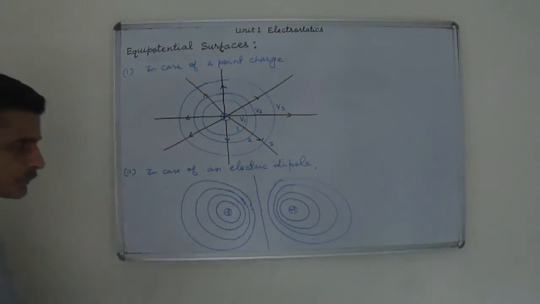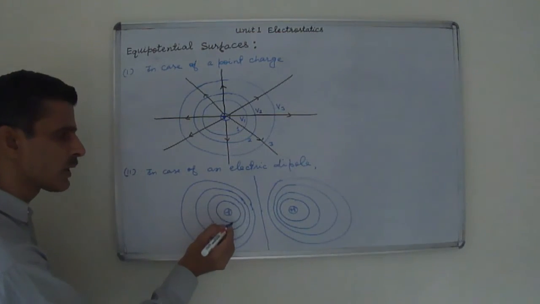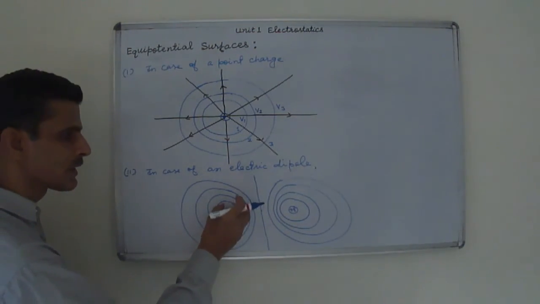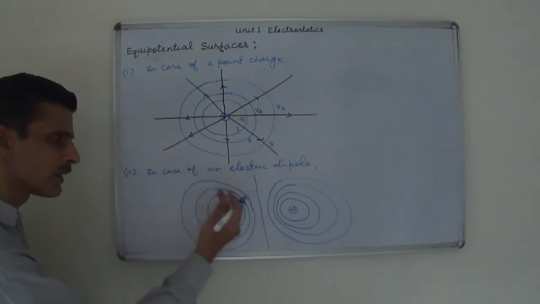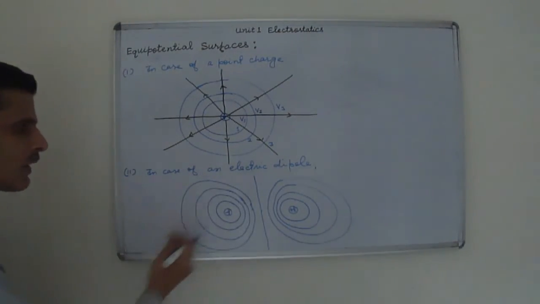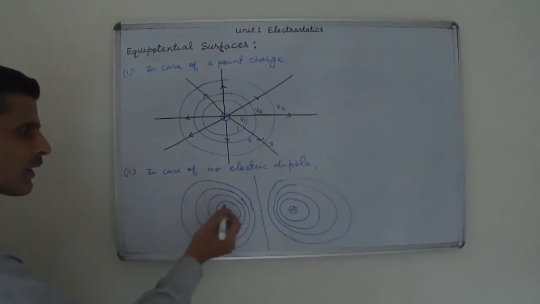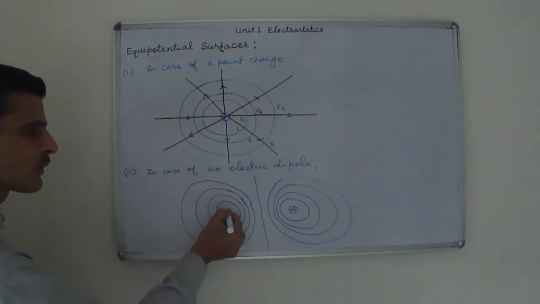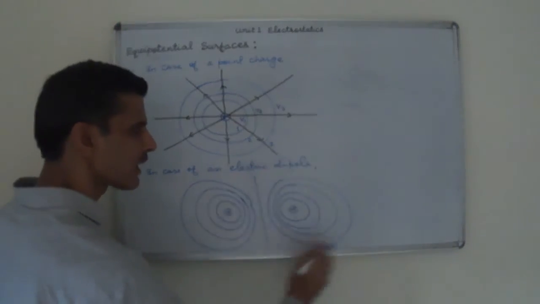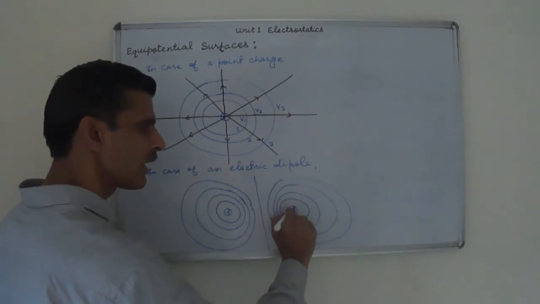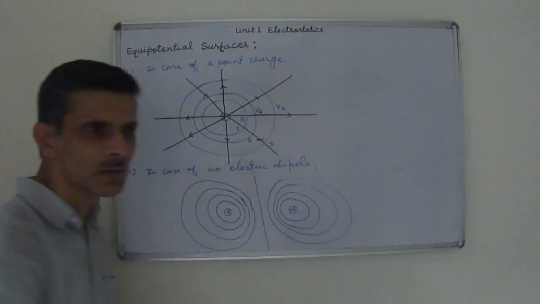So here you can see centers of these spheres shift away from this charge. Similarly here, centers shift away from this charge.